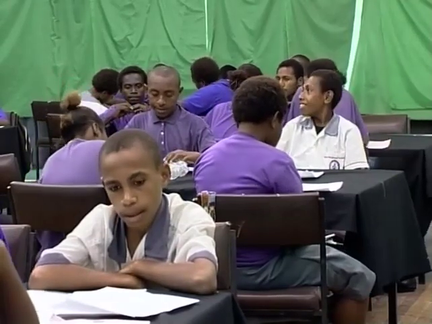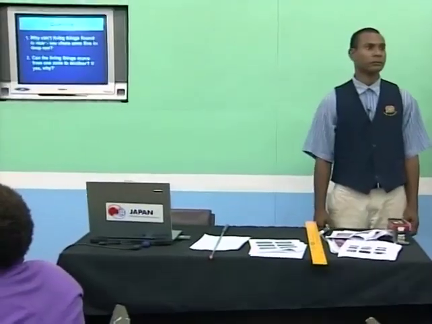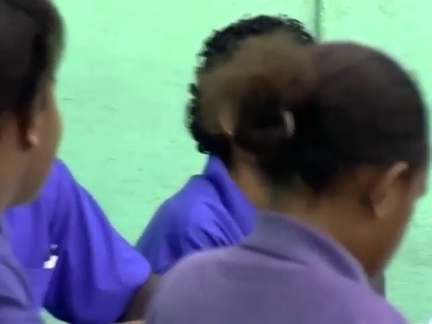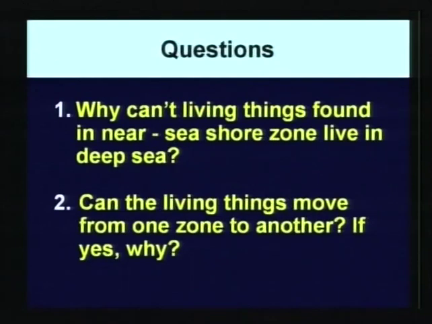Clement, last one. Because the body are not suitable for that area. Very good. That is one good answer. Because their body is not suitable for that area. And what else? Because they need sunlight to live on sea zone.